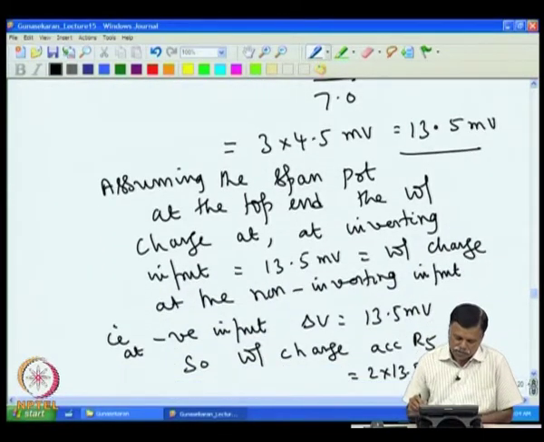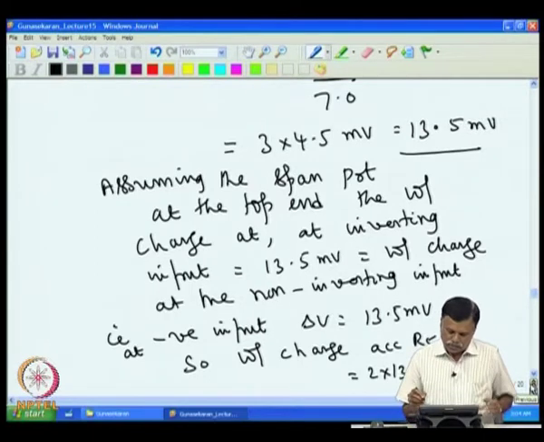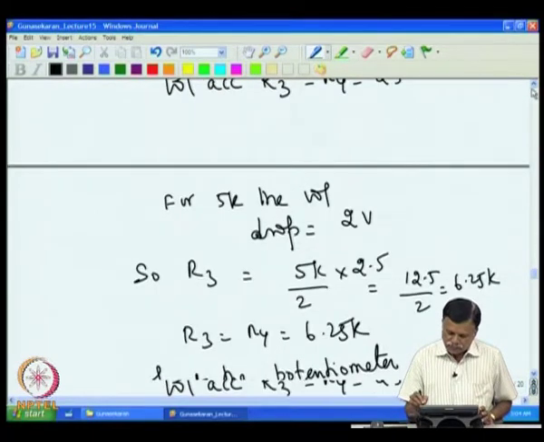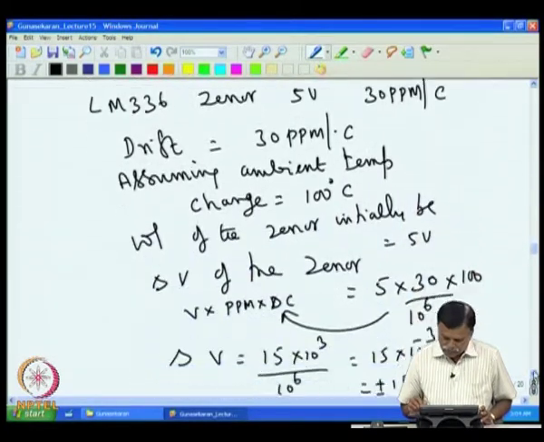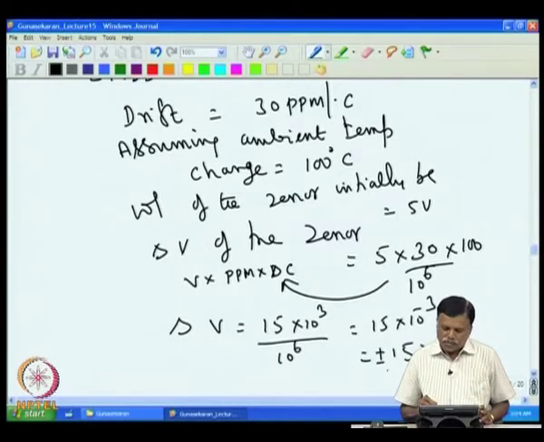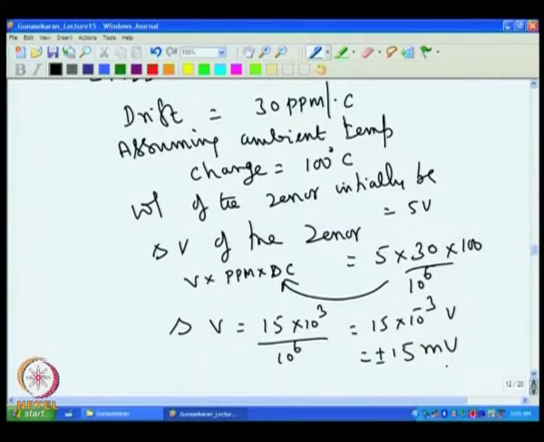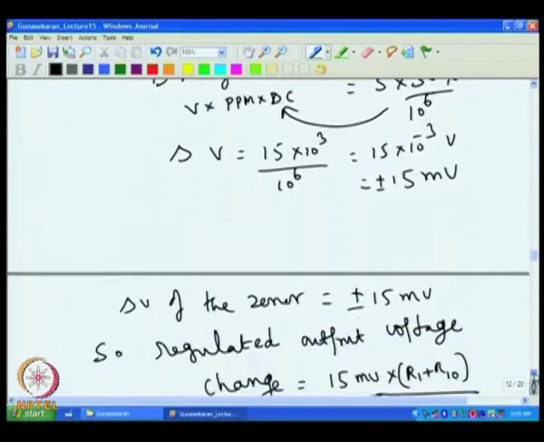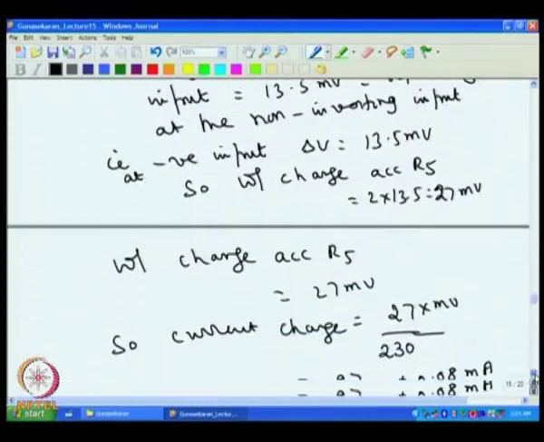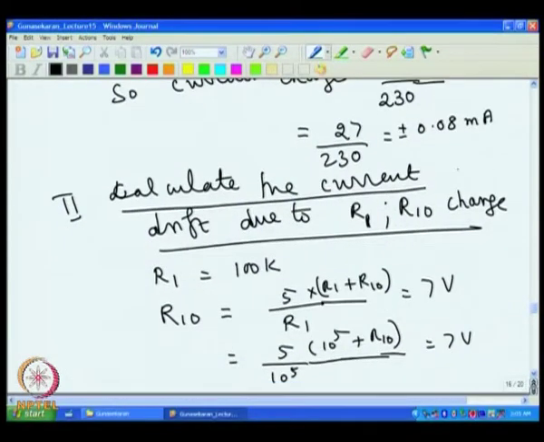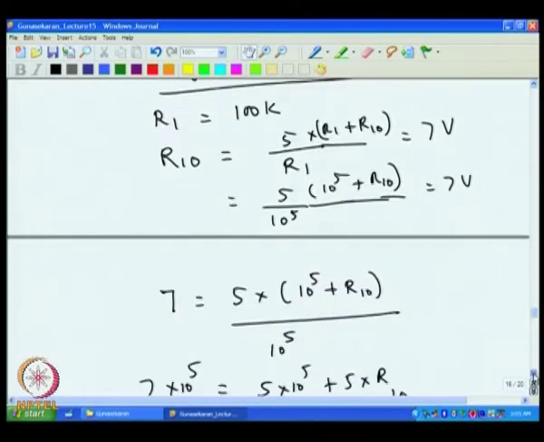The Zener was drifting 15 millivolt, that had given us a current change of not 0.08 milliamps. So the same change will come here also.